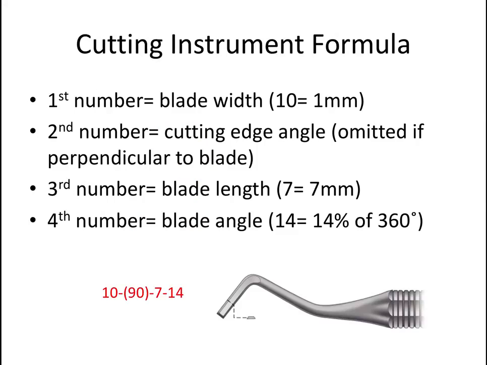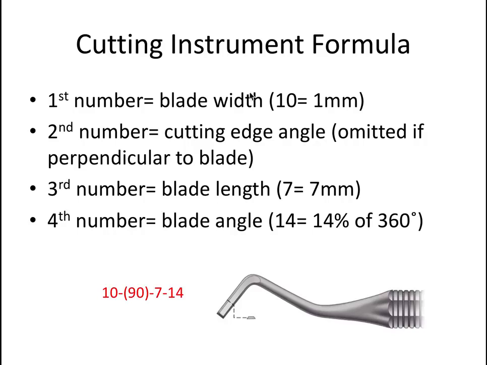So in addition to the 3 sections of an instrument, we can now introduce a formula that describes the dimensions of the working end of most cutting instruments. Now, I won't belabor this point too much, but it is interesting to know that there is a 3 or 4 number formula that can describe most cutting instruments.